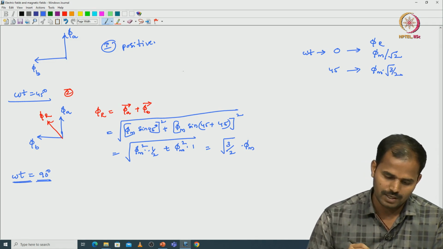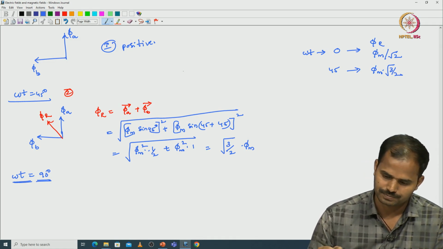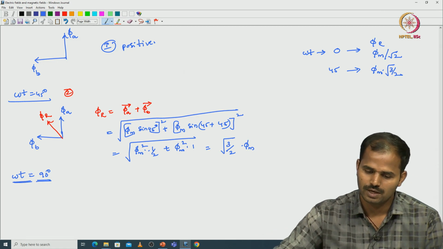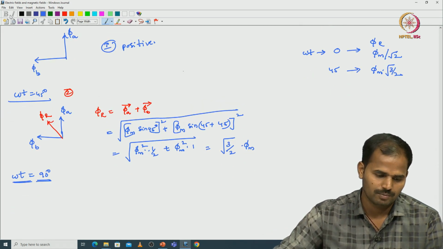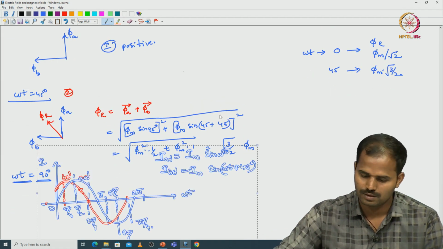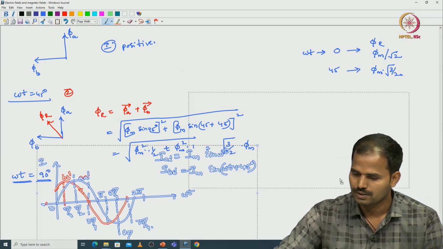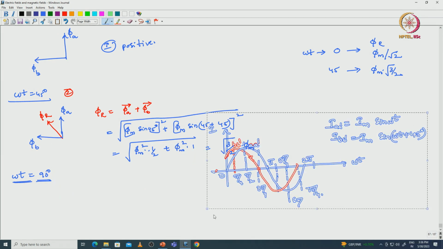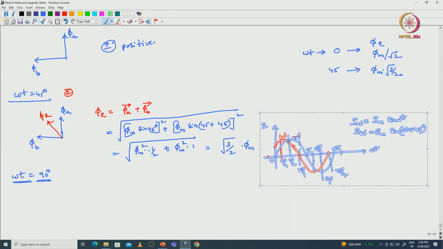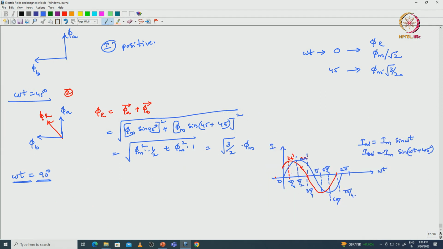At omega t equals 90 degrees, how do the currents look? We will bring it. The currents are in this fashion. At 90 degrees, the current in the A dash as well as B dash coils is positive.